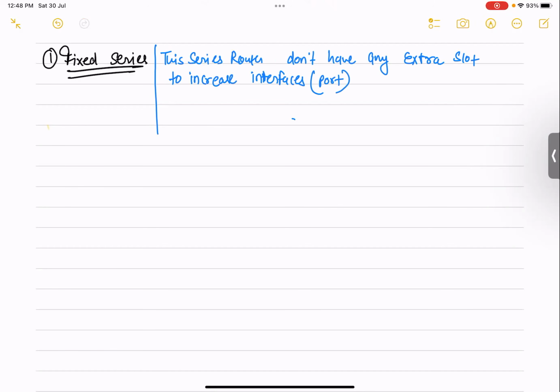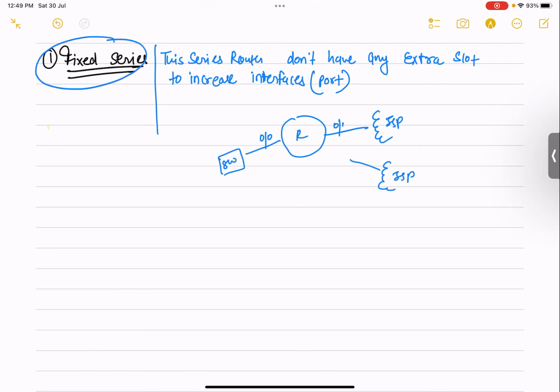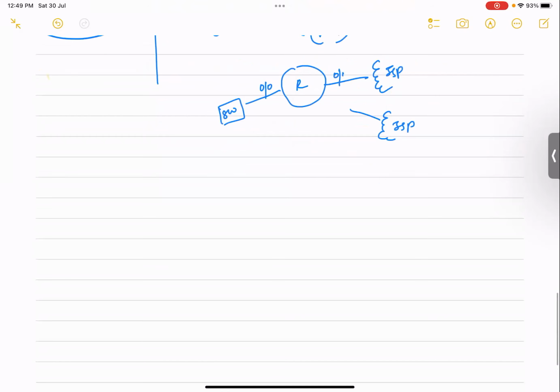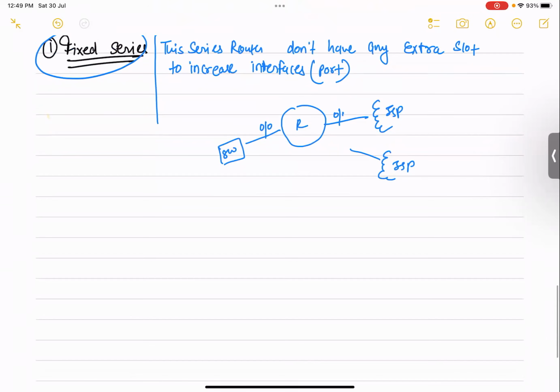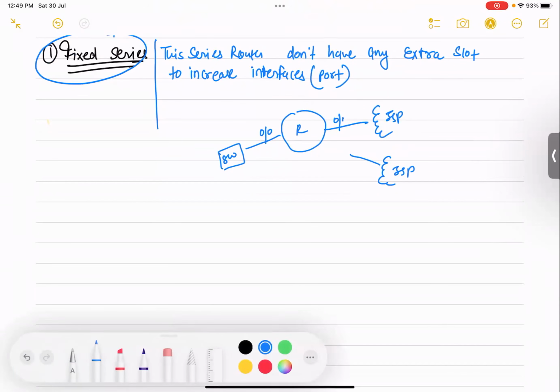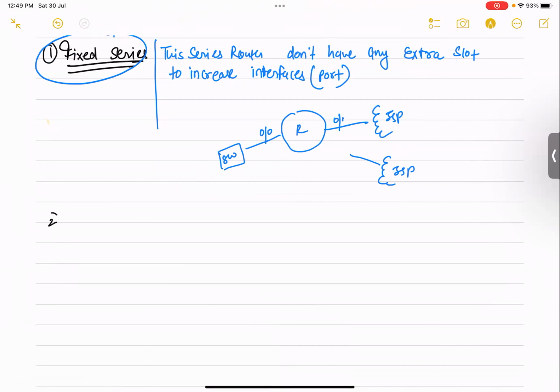For example, if you purchase a router with only two interfaces, 0/0 and 0/1, one interface connected with the ISP and one connected with the LAN side. Now the network admin says I need to connect one more ISP. Is any possibility available if you purchase a fixed series router? No, it's a waste of money. That is the reason, if you are designing a network, you must use the modular series router.